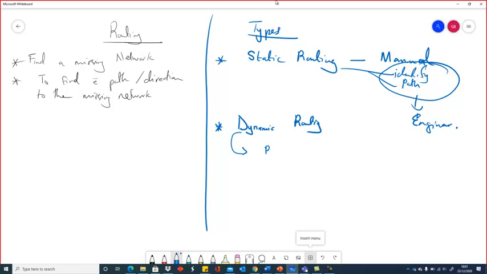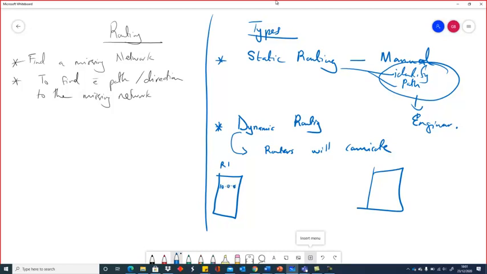So the routers will communicate. When they communicate, they will be sharing the lists they have. So for example, let's assume R1 has only two networks, 10.0.0.0 and 20.0.0.0, and R2 has also 10 and 30, if you remember.